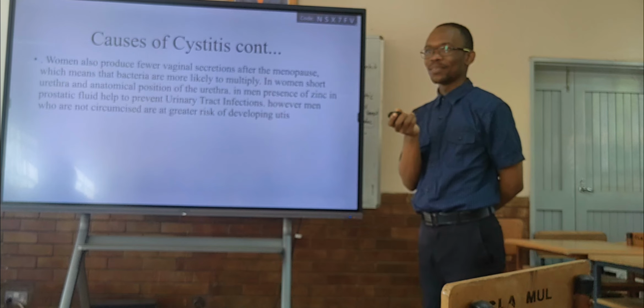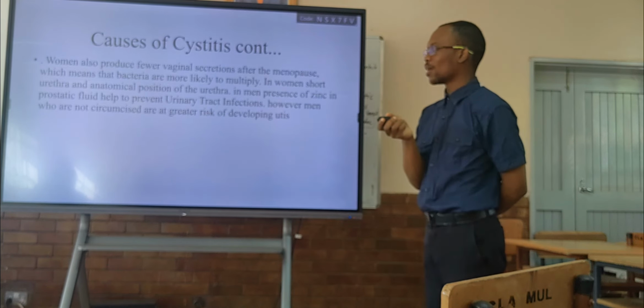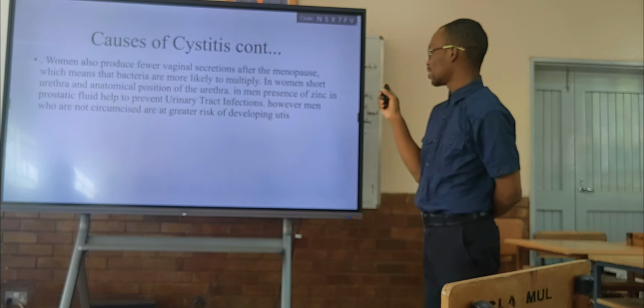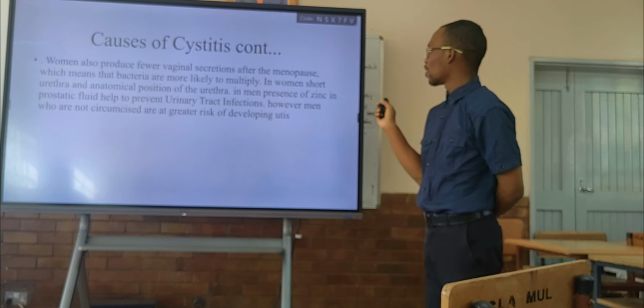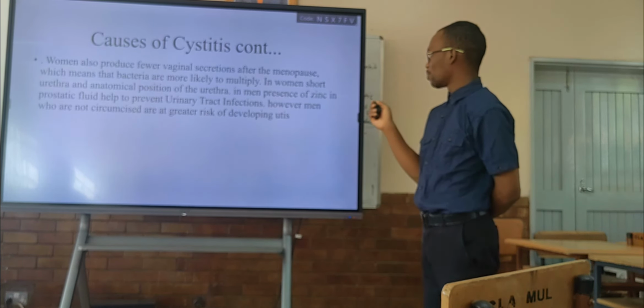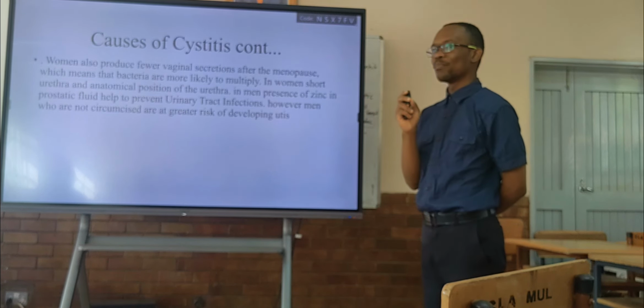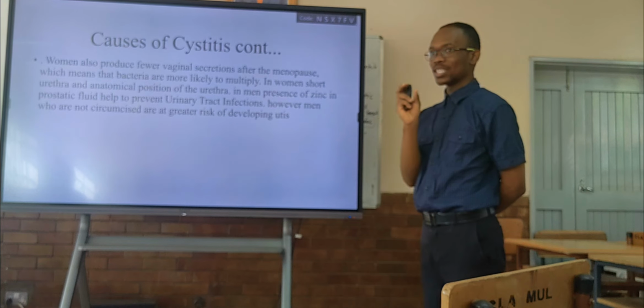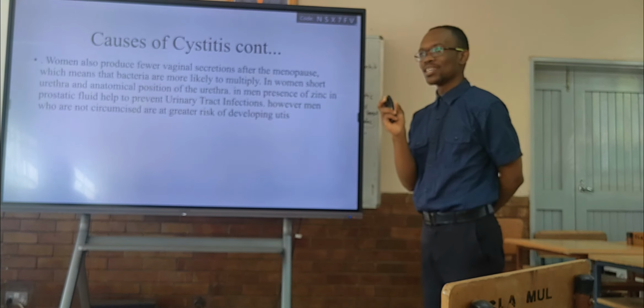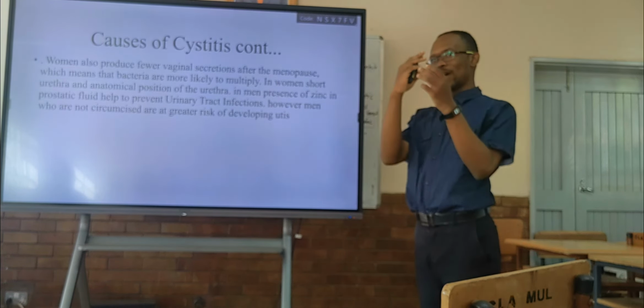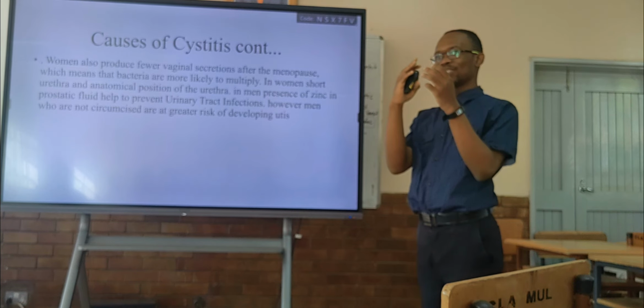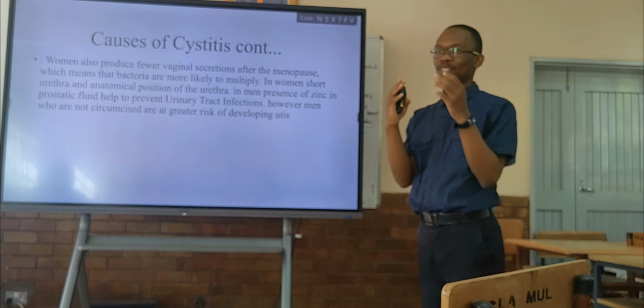However, men who are not circumcised are at greater risk of developing urinary tract infections because of the foreskin. The foreskin is able to acquire infections, depending on whether the men are able to clean it; if they do, then they're okay.